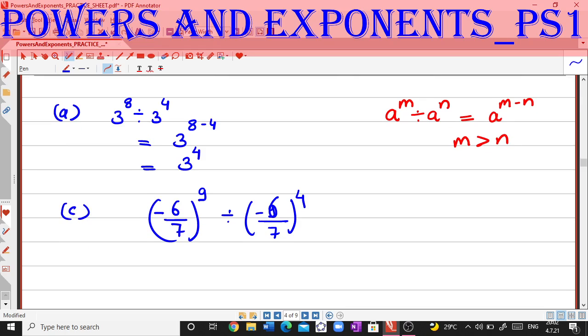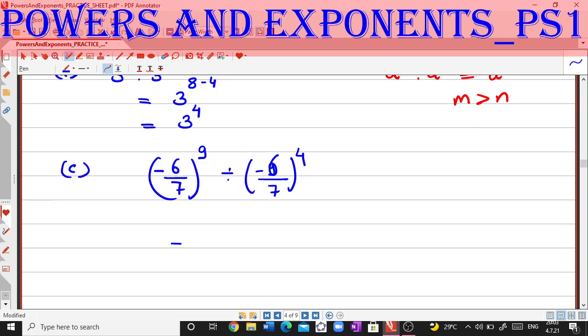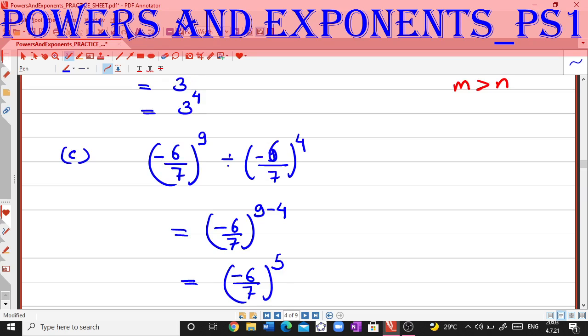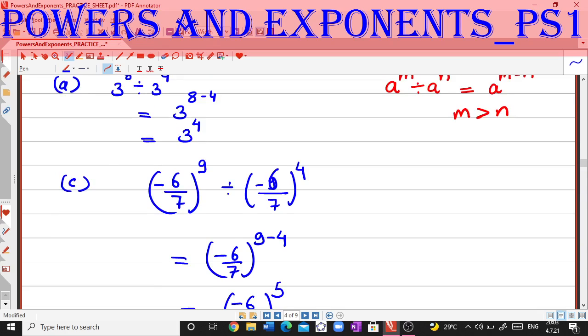So the base is same, that is minus 6 upon 7, and the powers need to be subtracted from each other as the operation is division. So this is minus 6 upon 7 raised to the power 5. I hope this rule is also clear to you.